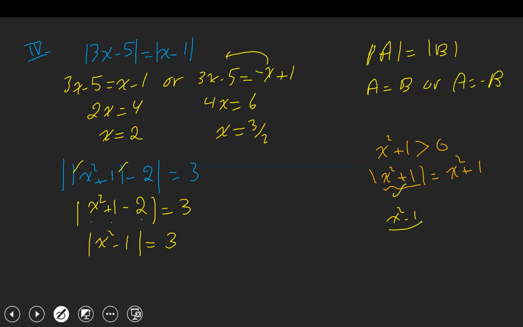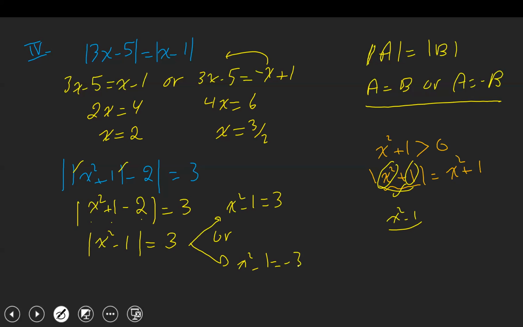Here we have a difference between two numbers, so it could come out negative, but the sum of two positive numbers can never be negative. So now we cannot remove the absolute, but in order to remove it we have to take two cases, as we did here. This means x squared minus 1 equal to 3 or x squared minus 1 equals minus 3.